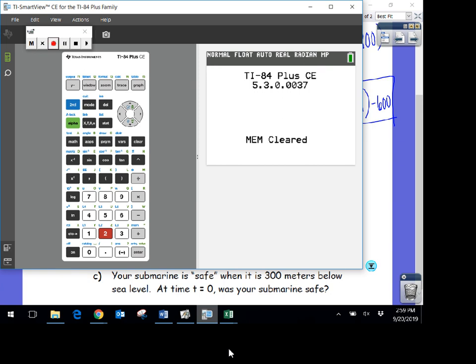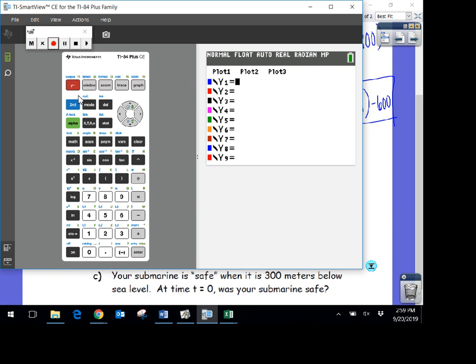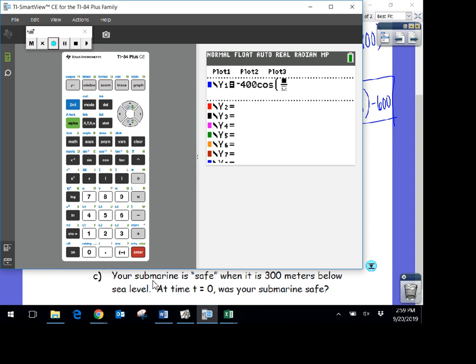All right, so y equals, you don't have to put it in y equals, I just do. I don't want to type in this formula more than once. So negative 400 cosine, make yourself a little fraction if possible. If not, this has to go in parentheses.